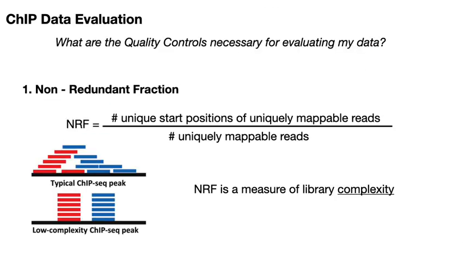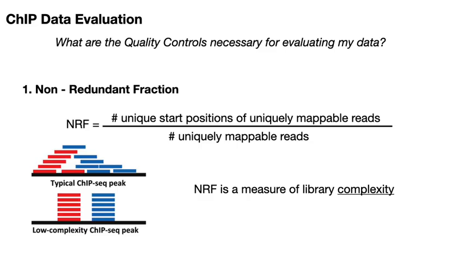Now, let's talk about evaluating what you get off the sequencer and what the quality of your data is. You'll need to find certain metrics to determine the quality of your data, and I'm going to present some simple calculations here. The first is the non-redundant fraction.